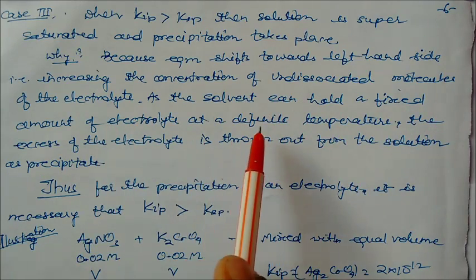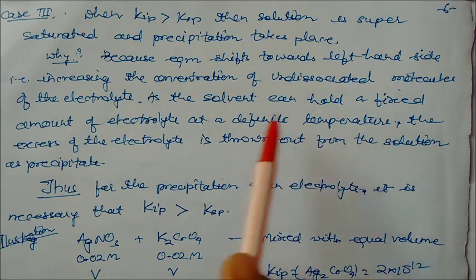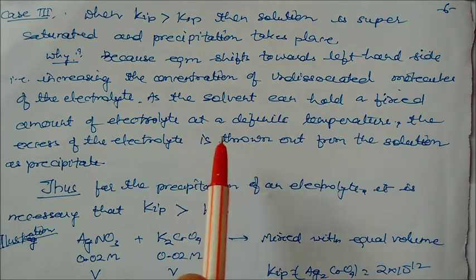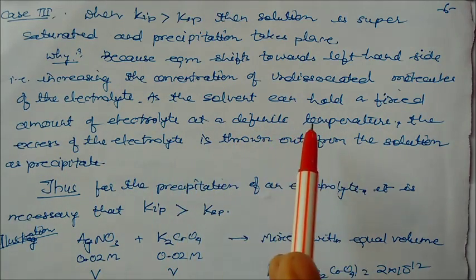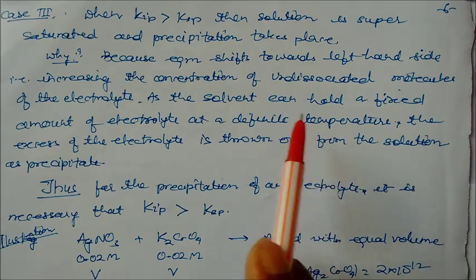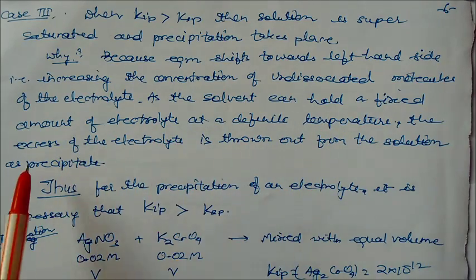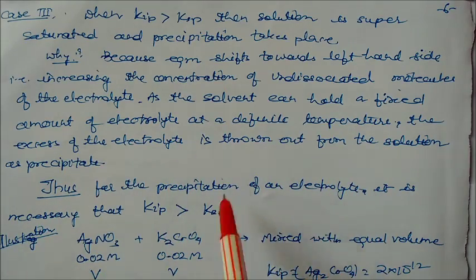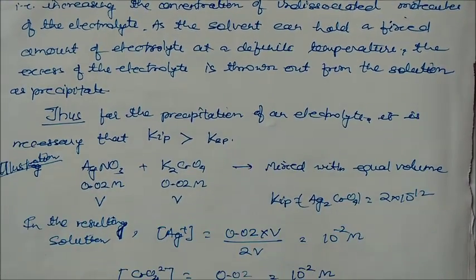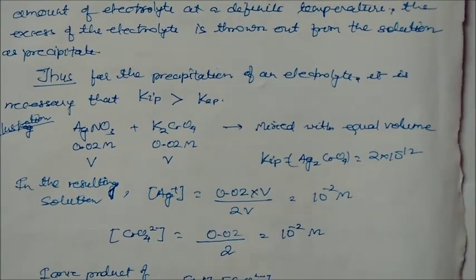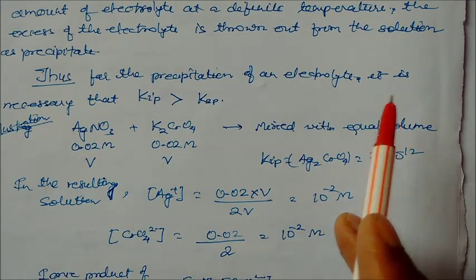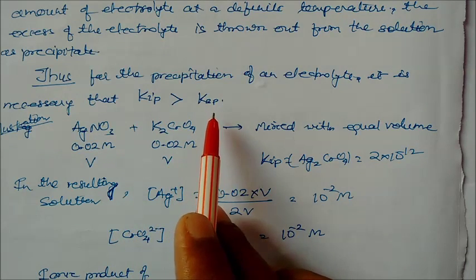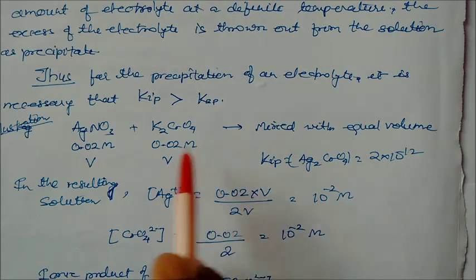The solvent can hold only a fixed amount of electrolyte at a given temperature, so the excess electrolyte is thrown out of the solution as a precipitate. Let us see an example, then we will understand. Thus for the precipitation of an electrolyte, it is necessary that the ionic product should always be greater than the KSP.